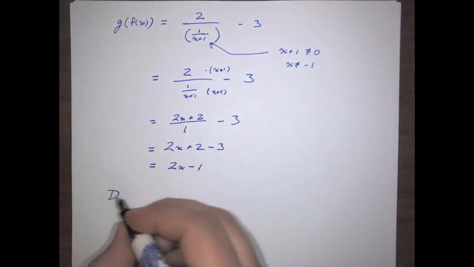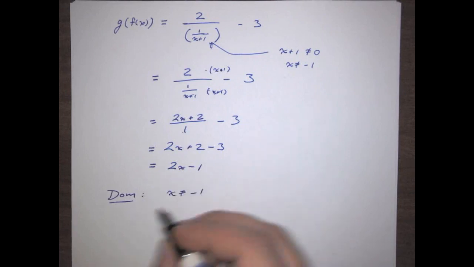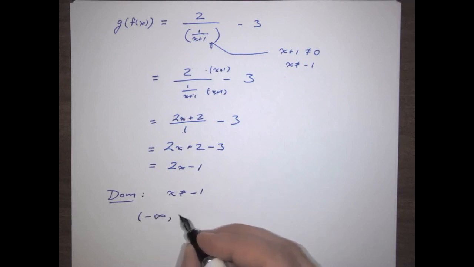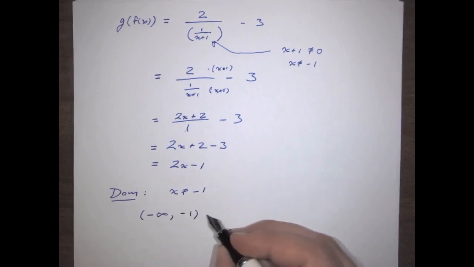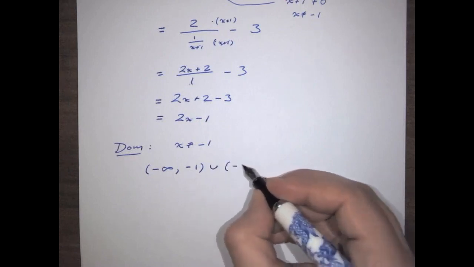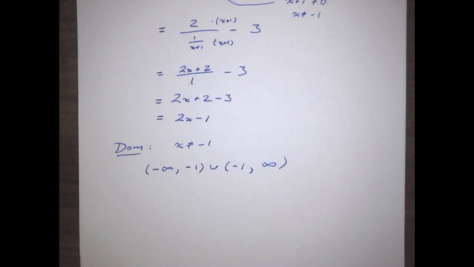And again, the domain here is that x is not supposed to equal negative 1, which means we've got everything from negative infinity up to just before negative 1, so negative 1 not included, and then everything from negative 1 to infinity, again, not included. So that's how we can do that.